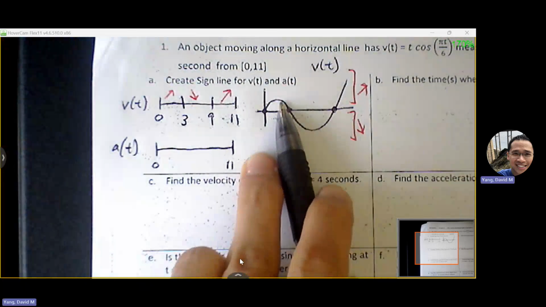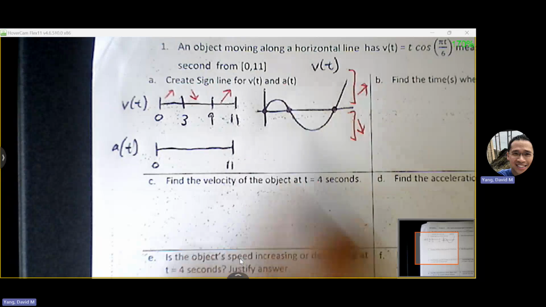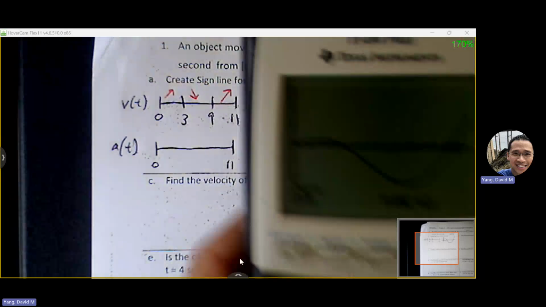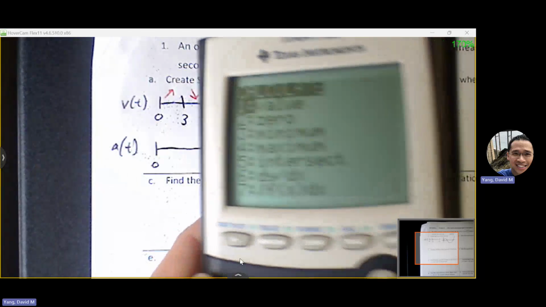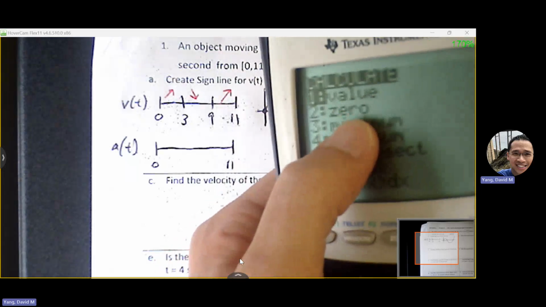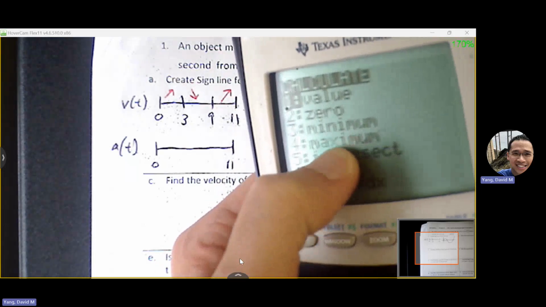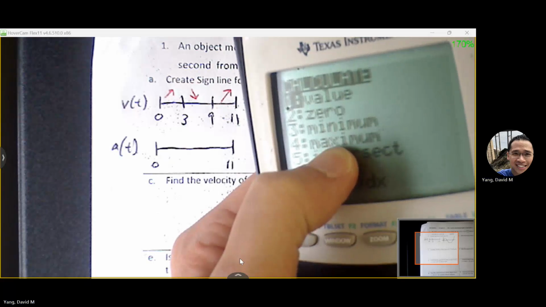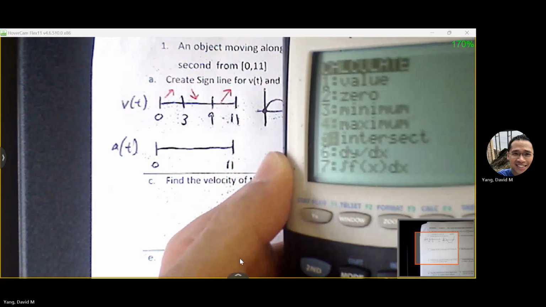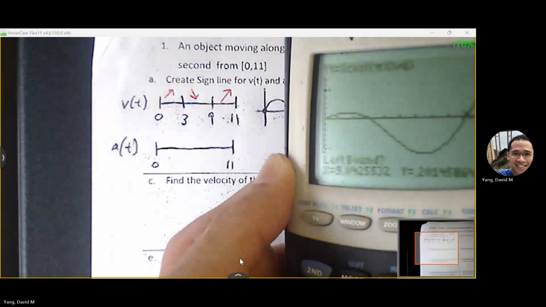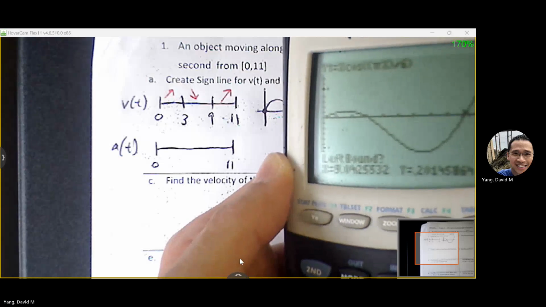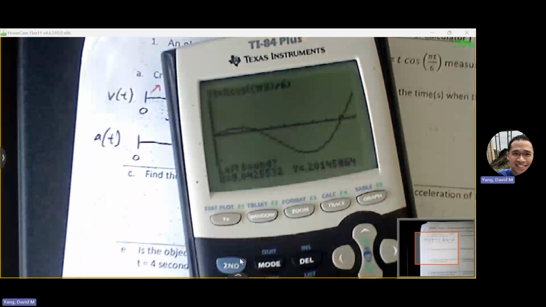So if I want to find the max of my graph, I'm also going to go to second trace. But you see how I'm not looking for an x-intercept anymore. I'm looking for a relative max. So you're going to click on the maximum. So the calculator is now going to ask for a left bound.